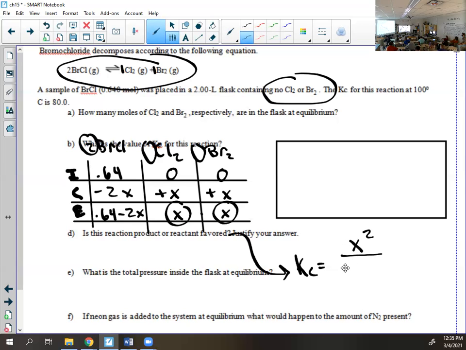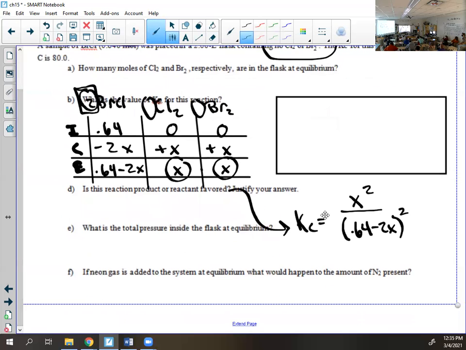In the denominator, I have 0.64 minus 2x, and it is, no, it is squared. Why squared? Because there's a 2. And I missed that. Remember when I said, oh no, this is quadratic? If this is not a 2, then it is a quadratic, and it's a lot harder. But this one is not that bad.